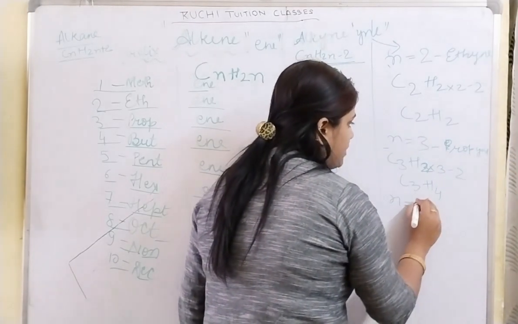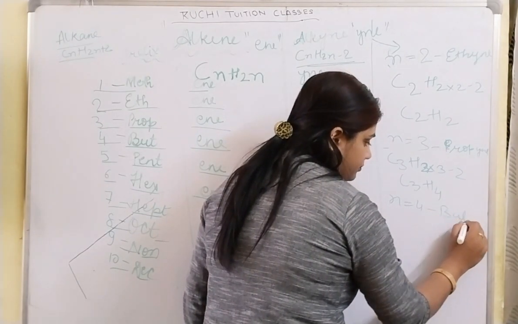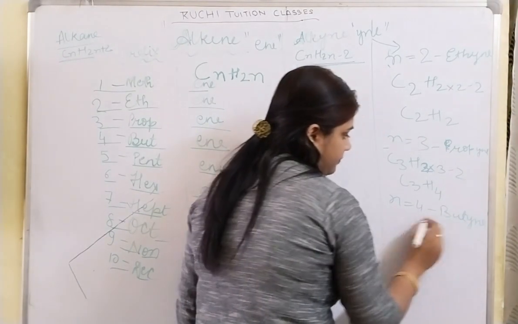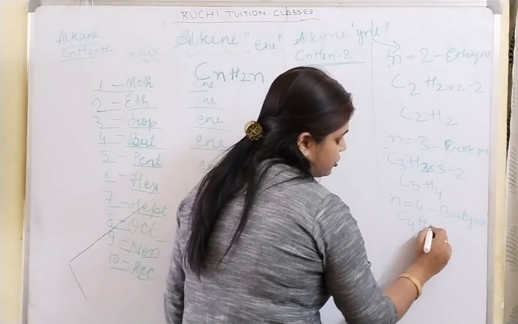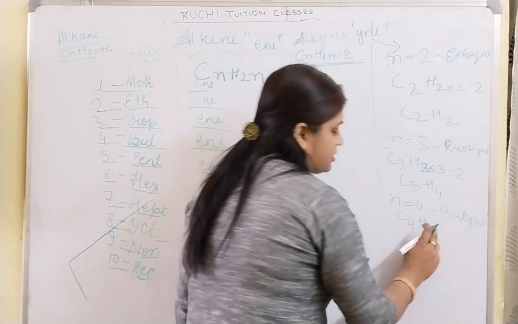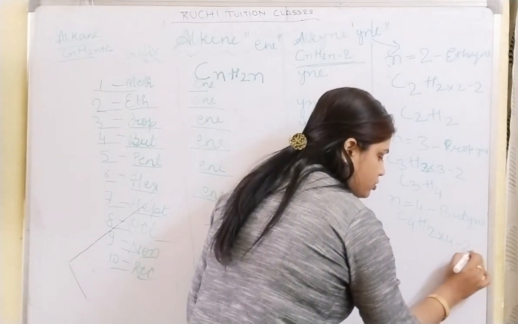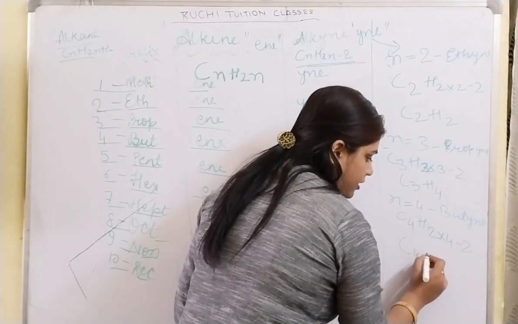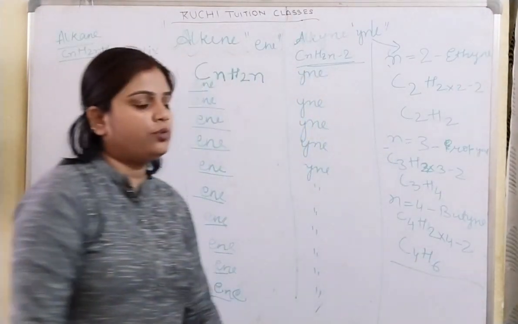If n is equal to 4, then this is but. That means C4H6, meaning C4, 2 into 4 minus 2. So C4, 8 minus 2 is 6. So this is butyne.